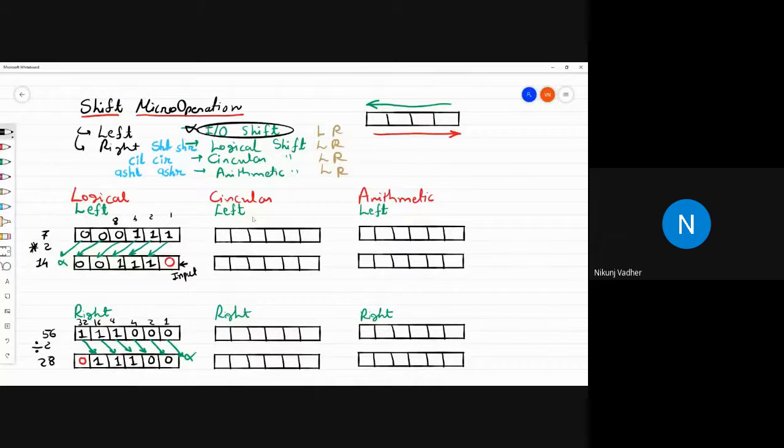There are 4 types of register: serial in, serial out; serial input, parallel output; parallel input, parallel output; and the last one is parallel input, serial output.